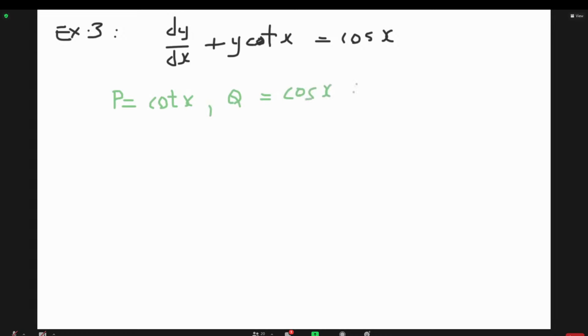And therefore, our integrating factor is e to the integral of cot x dx.